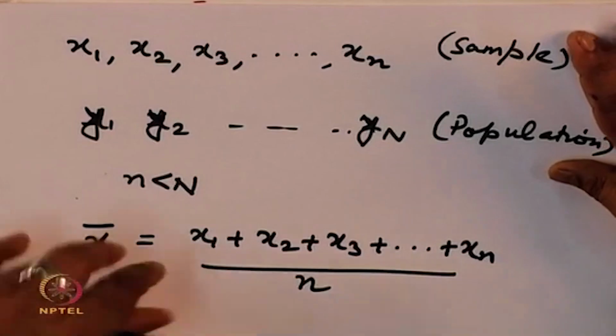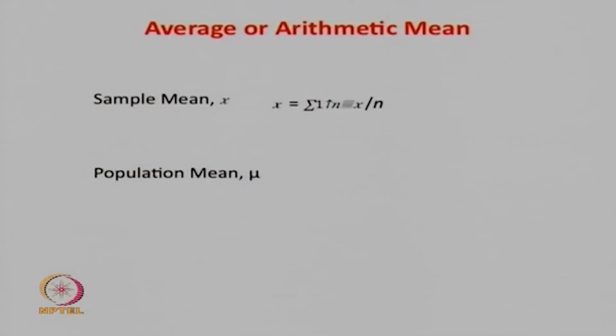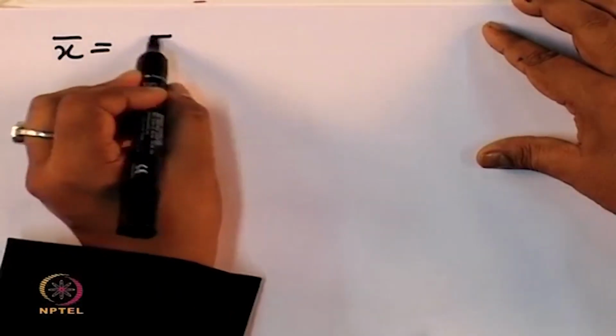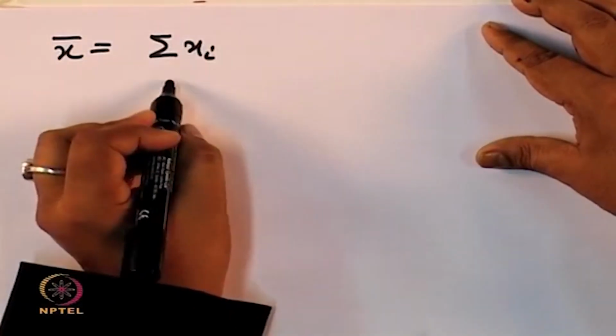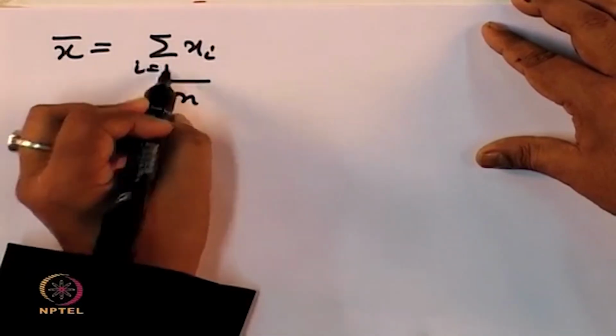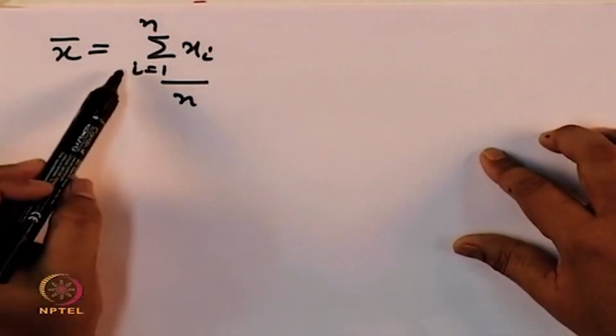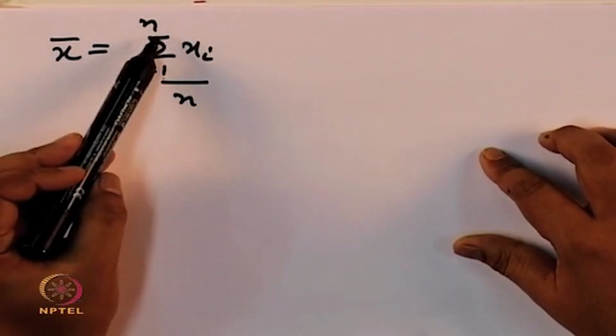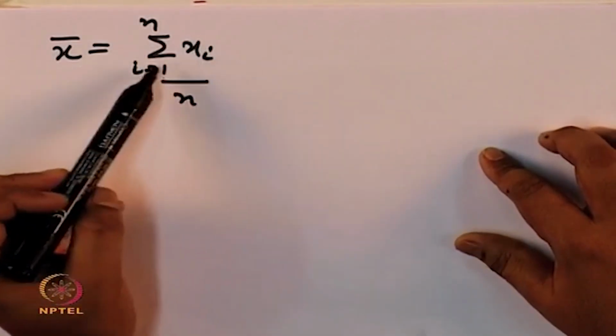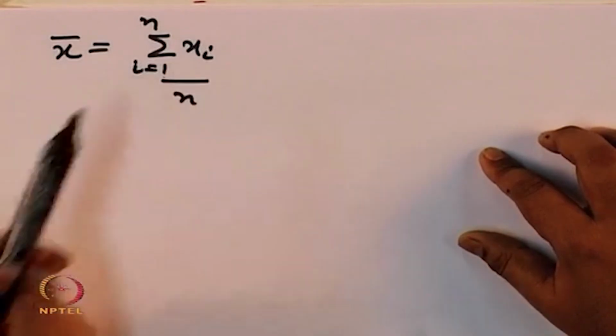Okay. So, in simple language I can also write it in a compressed form. I write summation of xi, with i equal to 1 to n, which means you put the summation sign here and it goes from i equal to 1 to i equal to n. So, for i equal to 1 it is x1, for i equal to 2 it is x2, and so on and so forth.